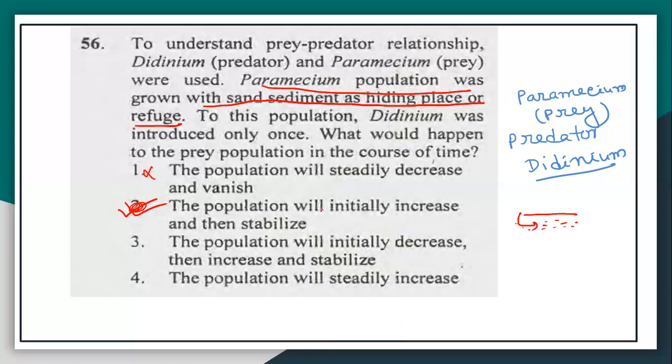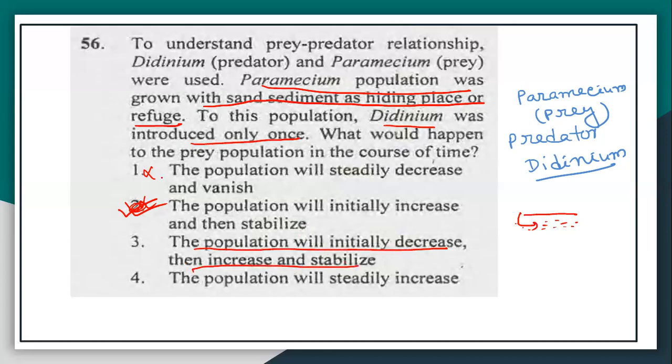Option 2: the population will initially increase and then stabilize. It will not increase at the beginning, because Didinium was introduced only once, so the population will initially decrease and then increase and stabilize.